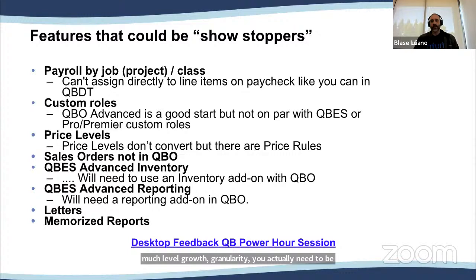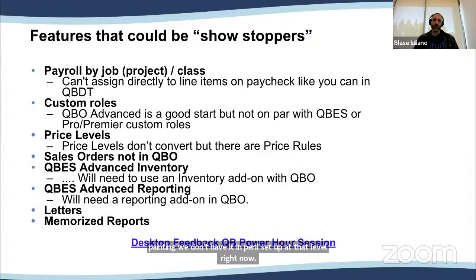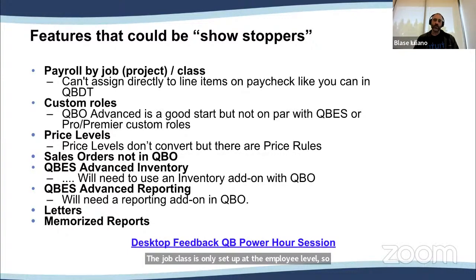So for tracking it at the individual project level, so on particular work that is done, that a person sets X number of hours painting the fence, X number of hours washing the house, X number of hours paving, we don't have payroll set up at that level. Right now, the job class is only set up at the employee level. So a particular employee for that given payroll run would have one set class. We are working on expanding this, but that's where we're currently set.